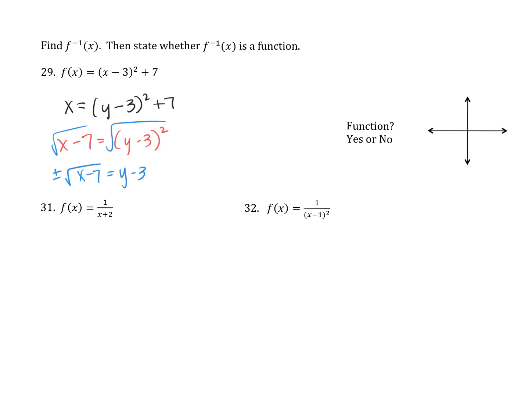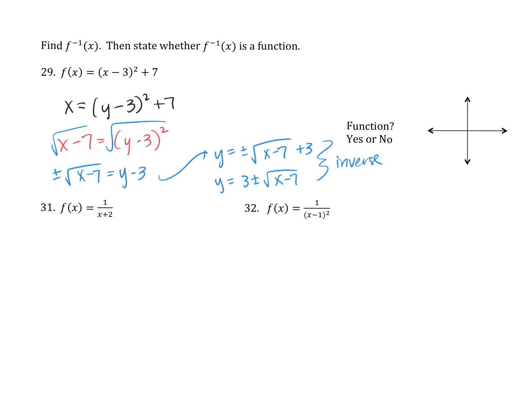And then let's get y all by itself. What would my inverse function be then? Could I write that 3 in front and say 3 plus or minus square root of x minus 7? Either way. They're both right, and these are both the inverse.